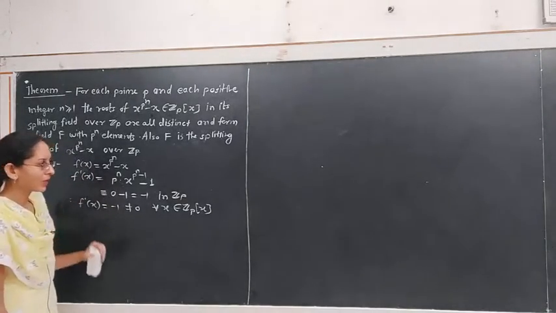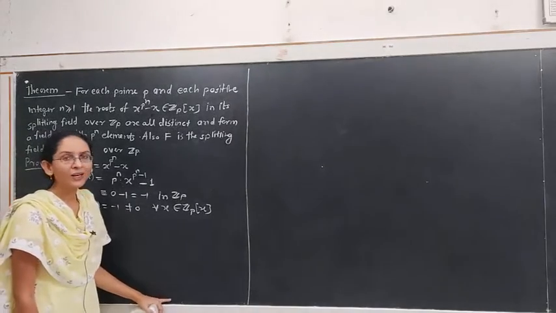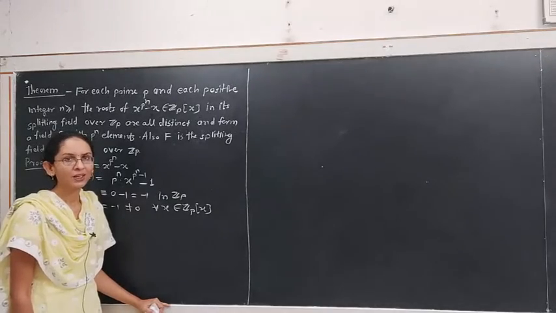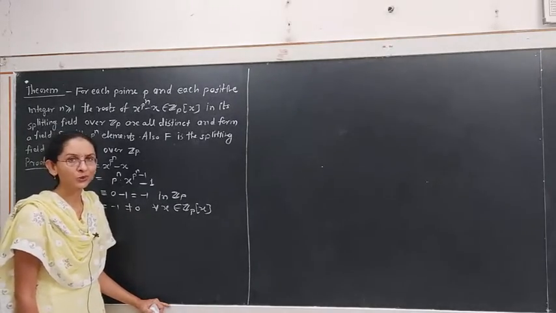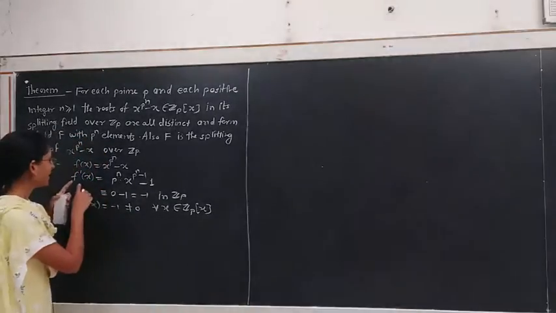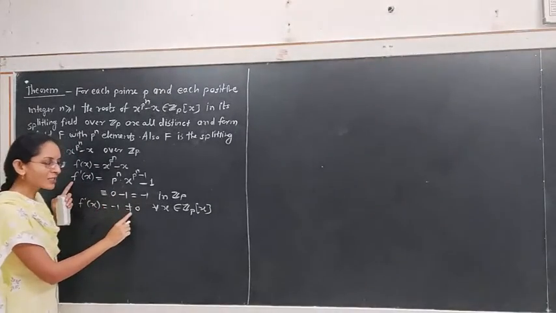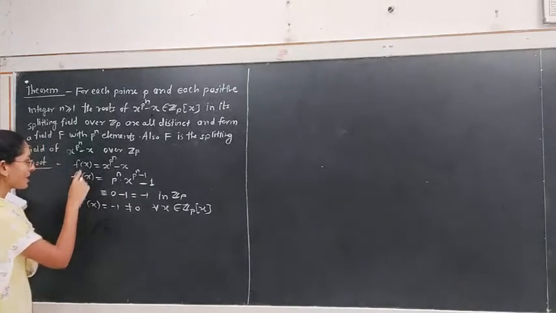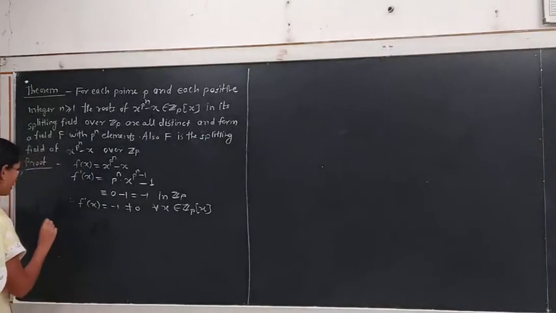We know the theorem: f(x) belonging to the field F[x] has a multiple root if and only if its derivative takes the value 0 at that root. But here f dash x is not equal to 0 for all x. Hence, this polynomial f(x) does not have multiple roots.